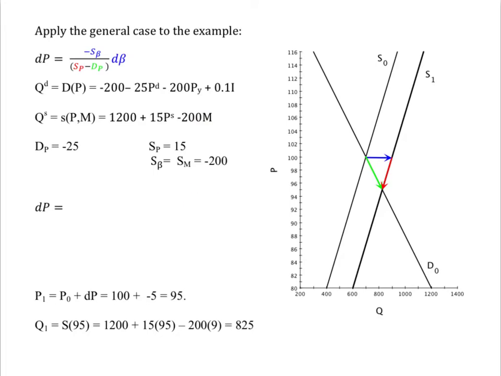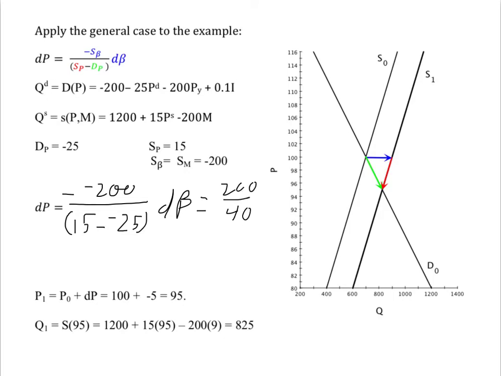So, from our expression, dP will be equal to the negative of negative 200 over 15, S sub P, minus the negative of 25, times d beta, or 200 over 40 times d beta.